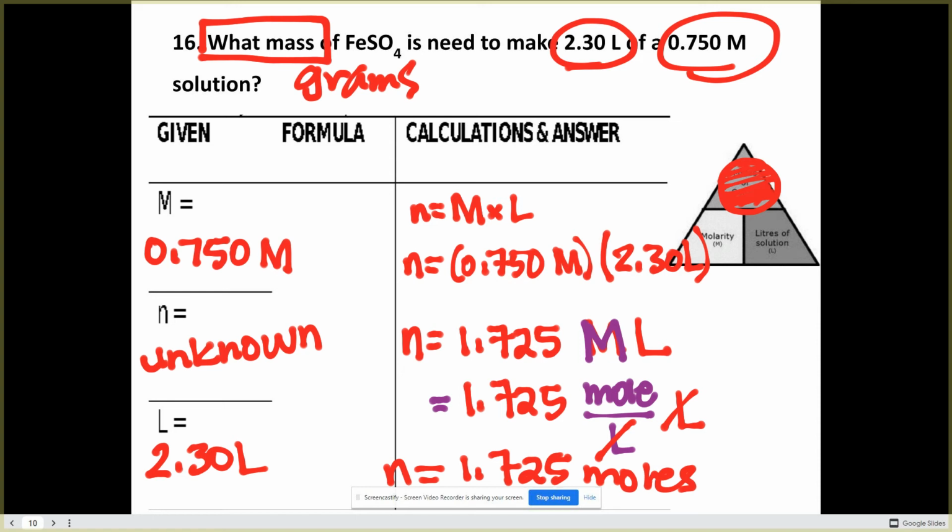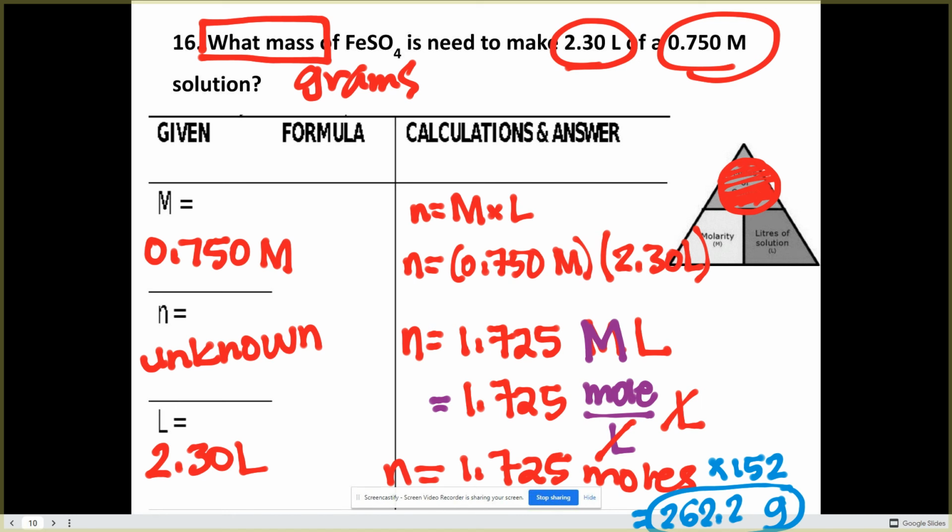So I'm going to multiply our answer by 152, which is the molar mass of FeSO4. We rounded off, and the final answer here is 262.2 grams. You see it?